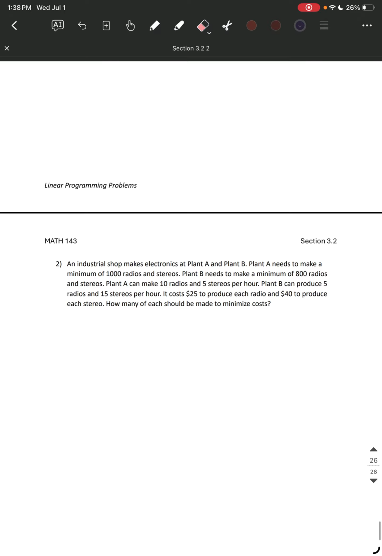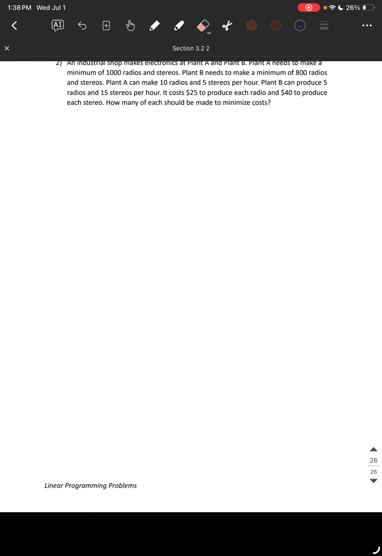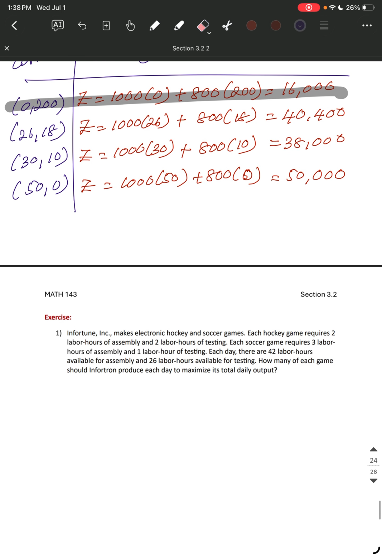And think about the common mistakes. The biggest mistakes in linear programming problems are forgetting non-negativity constraints, using the wrong inequality sign, evaluating the objective function at points that are not corner points, and forgetting to graph all constraints before identifying the feasible region.